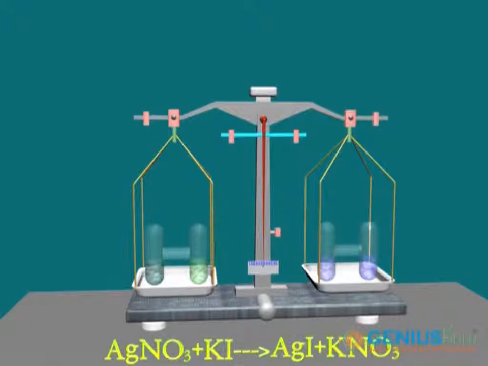So that means the matter, the silver nitrate and potassium iodide, the same amount can be converted into silver iodide and potassium nitrate. This is observed by the equivalence point in the balance.